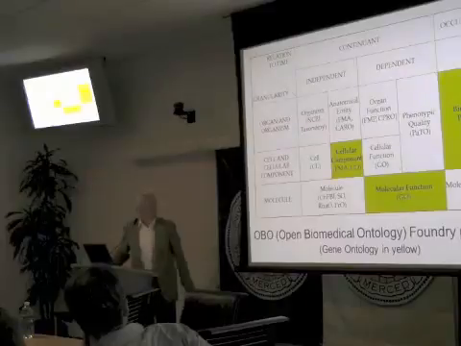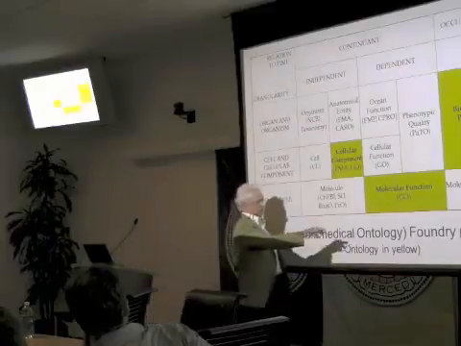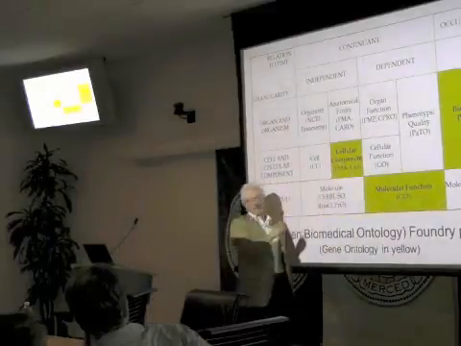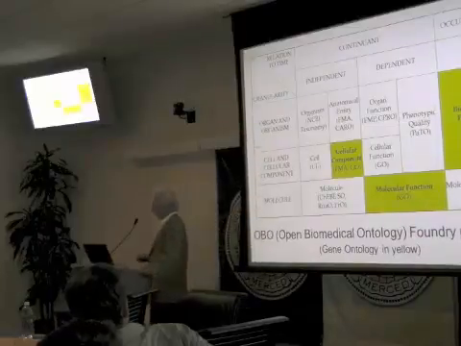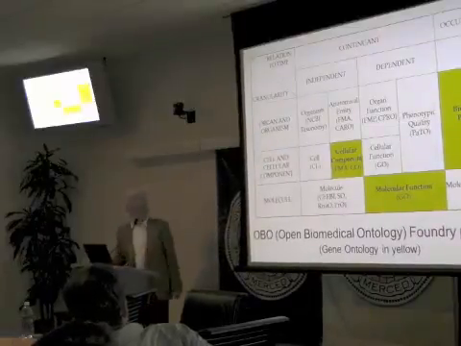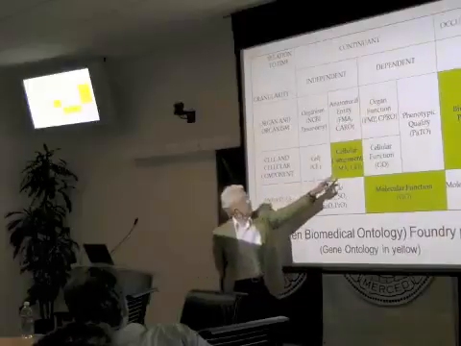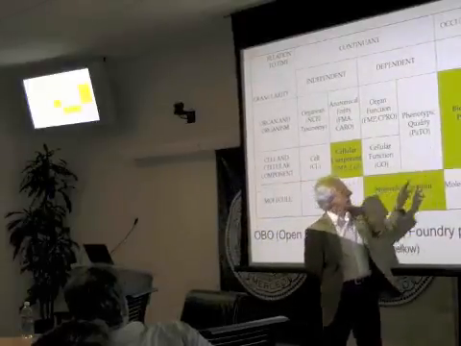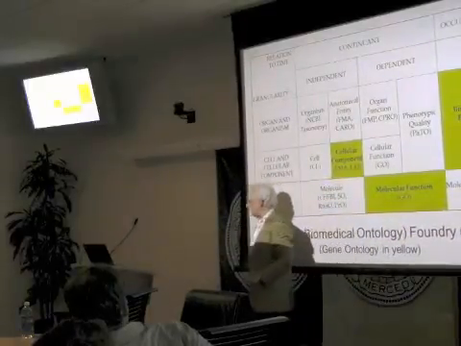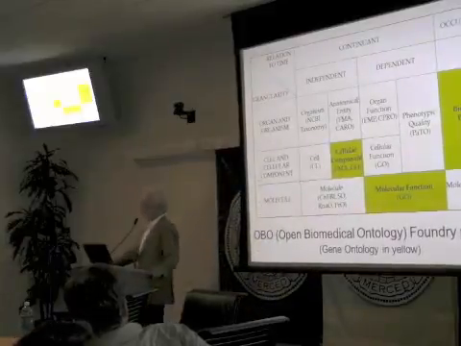And we created something called the OBO Foundry. And this is the 13 original states of the OBO Foundry. The yellow part are the three trees of the GO, and then there are various other ontologies which are illustrated here.